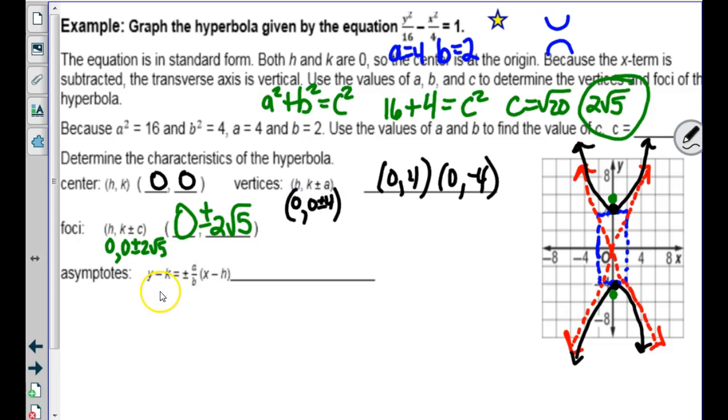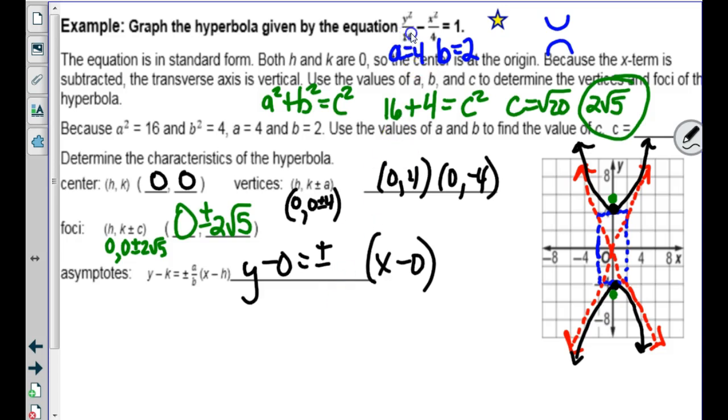All right, what's our center again? 0, 0. So we have y minus 0 equals plus or minus, and then back here we have an x minus 0. And then we have to put in the slope, and the slope is either a over b or b over a, depending which way it opens.